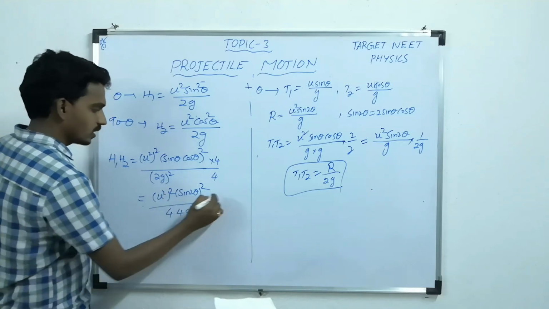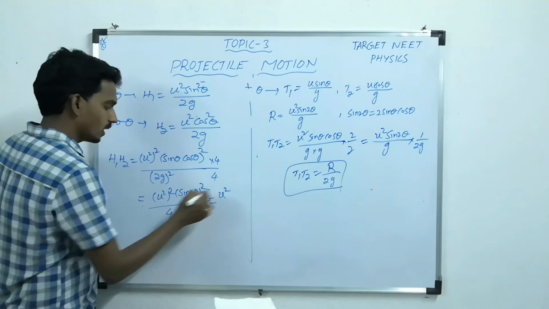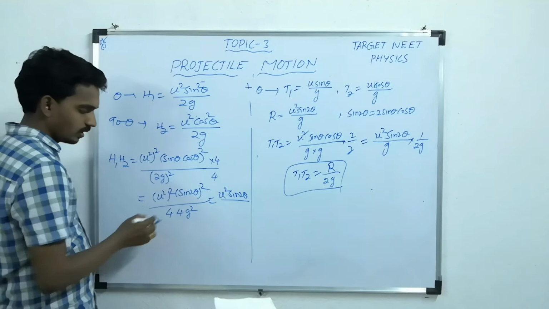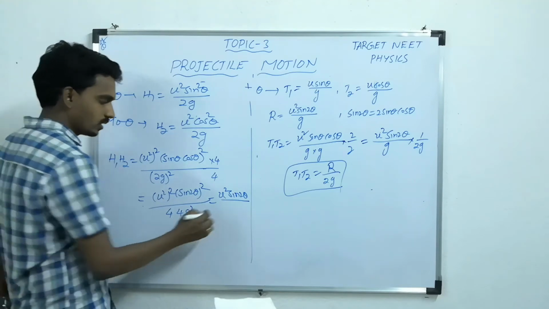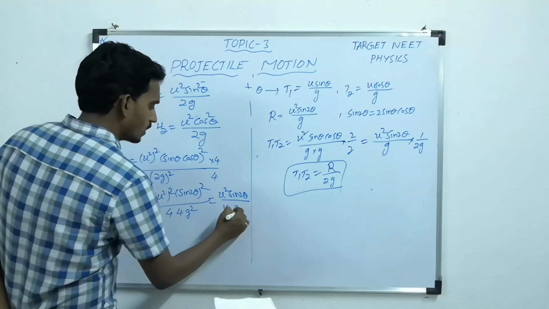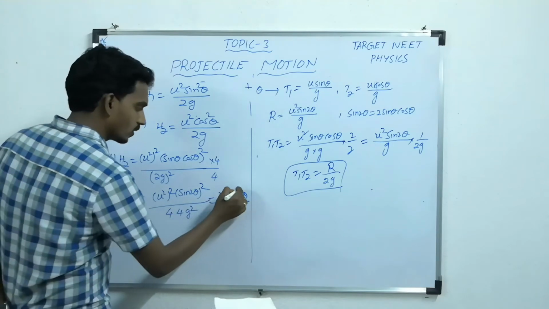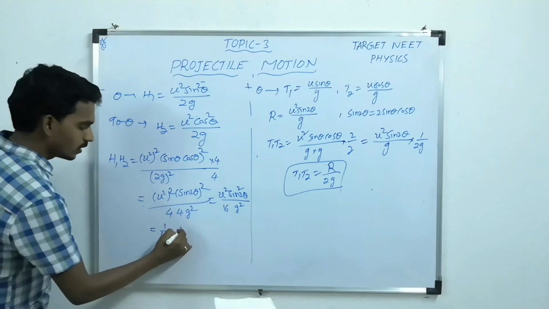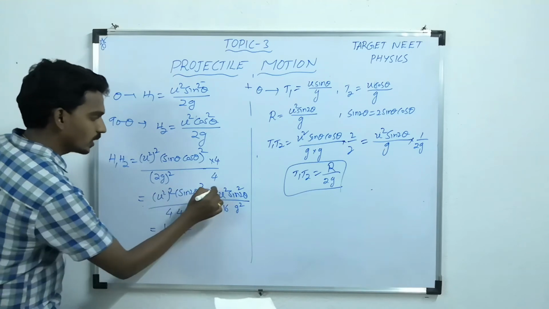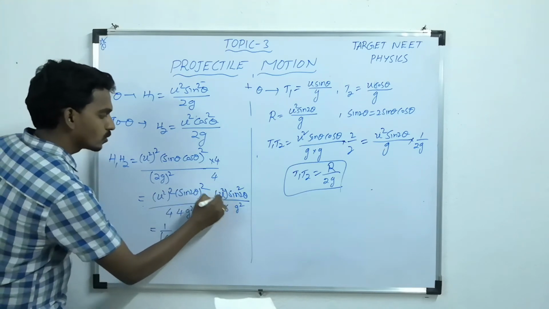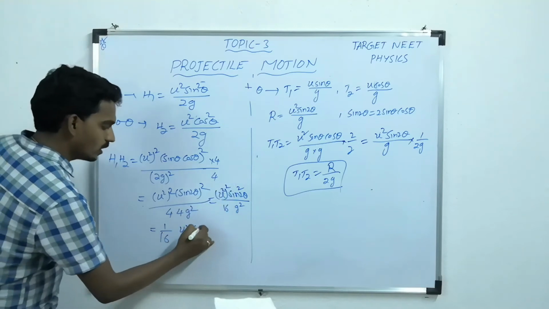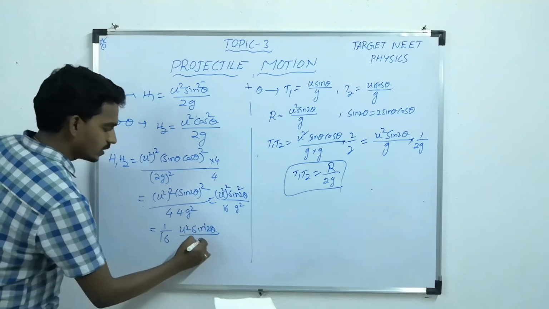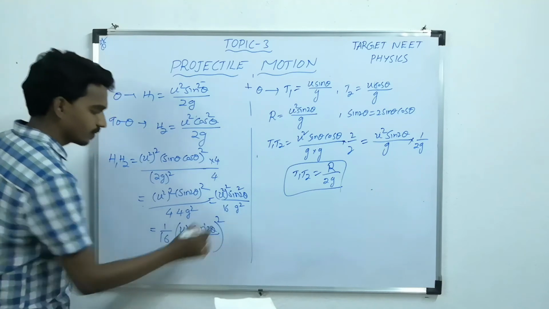So this is u square sin 2 theta divided by, how much is it? 16 g square, 16 times g square. Here also square is there. Now 1 by 16 times u square sin 2 theta divided by g, whole square.